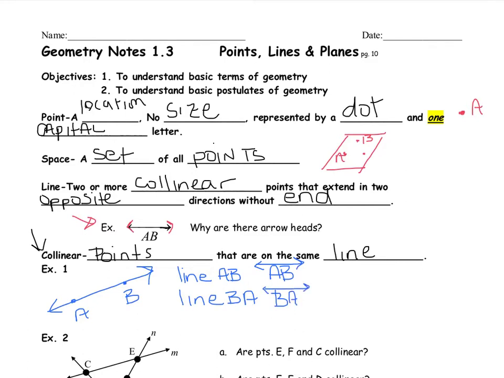Or we could simply, if we have a little italicized T, call this line T. So those are the 5 ways we could name this line. Now you can't name all things like that, but with lines, since they go in opposite directions, it doesn't matter if we go from B to A or from A to B. Either way, it's going on and on forever, and it's not going to stop regardless.